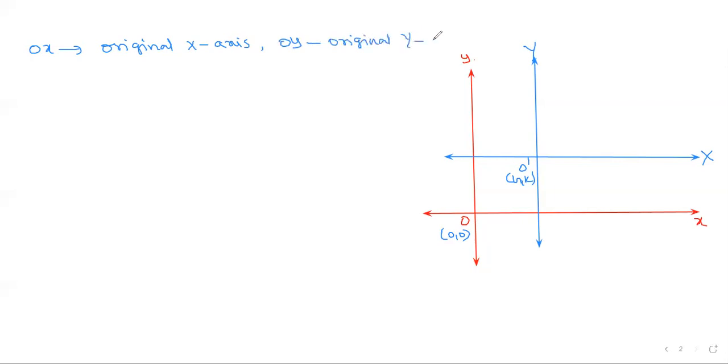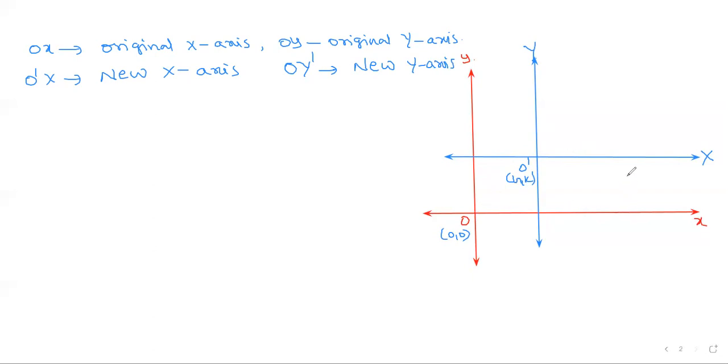O dash X is the new X axis, and O dash Y is the new Y axis. So it is changed to a new system.